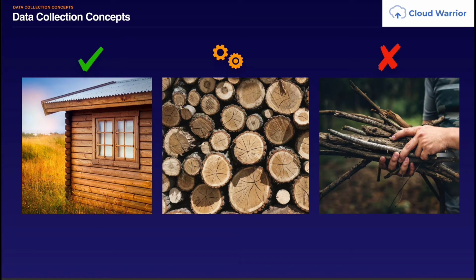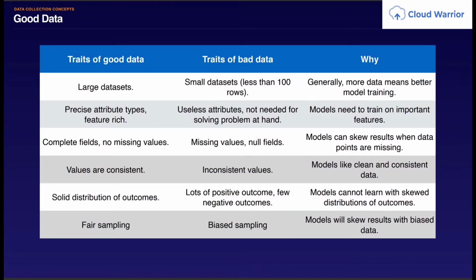So finding good data or relevant data to the problem at hand can be difficult. But let's look at some different ways of comparing good data to bad data and why. Hopefully, during the data collection process, we have enough data or large enough data sets that help us generalize our problem at hand.